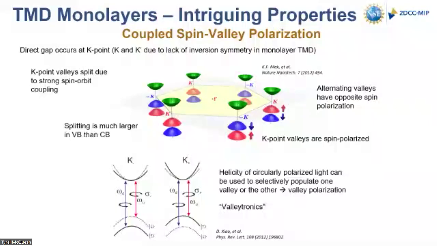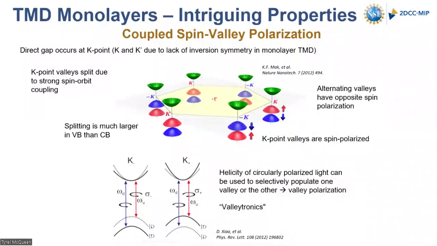All right, so if you take a look at the Brillouin zone of something like moly disulfide, right? You have the direct gap that I mentioned in the monolayer, and it occurs at the K point, right? These K points. But monolayer moly disulfide lacks inversion symmetry. So these K points aren't equivalent. You have these inequivalent K points, right?